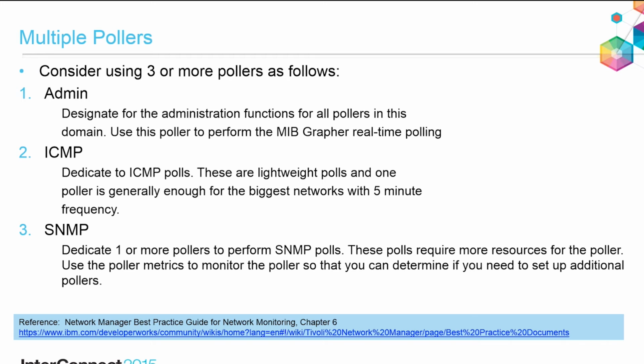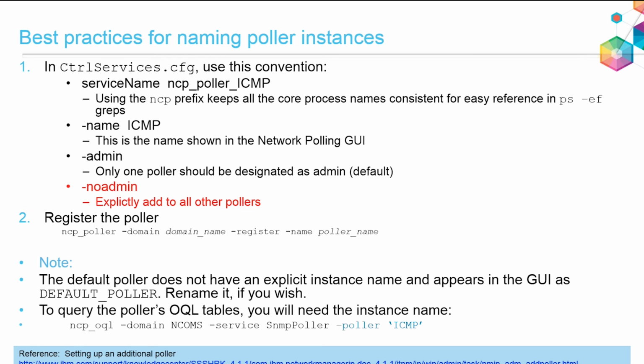So if we go to the next slide, please. When you're setting up these polar instances, basically you just have to register it and set it up to run in the control services. But to make it a best practice convention, there are two names associated with each polar.